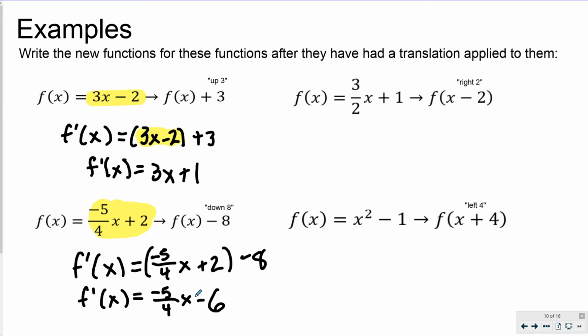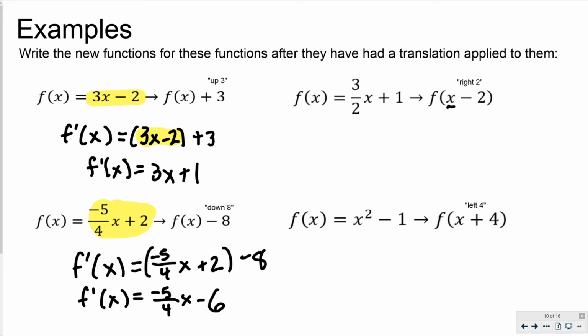So let's take a look at what would happen if I move some of these functions either right or left. So if I have f of x equals 3 halves x plus 1, and I am told that I need to translate it to this function, f of x minus 2, notice that the minus 2 is inside the parentheses, though. That's how I know it's going to be horizontal, is because it's inside the parentheses.